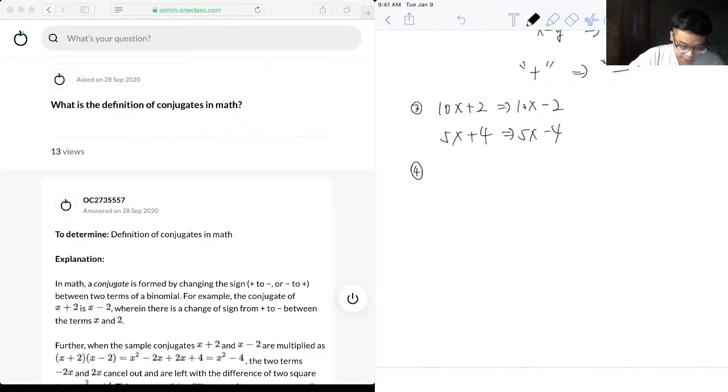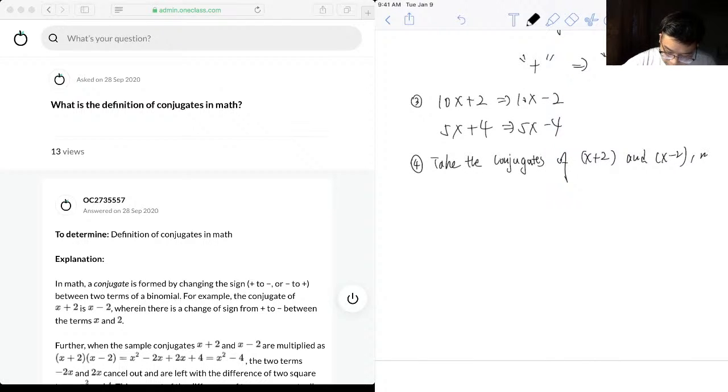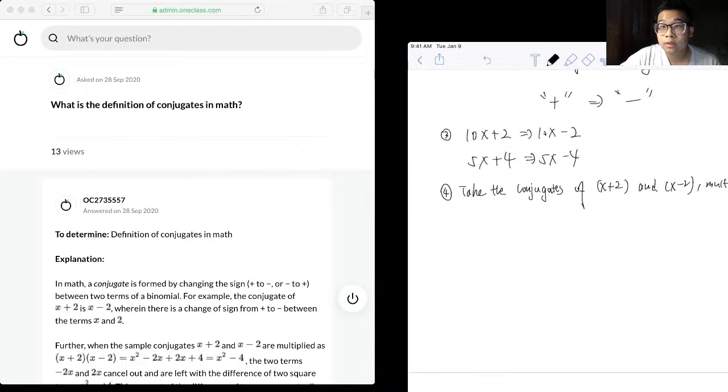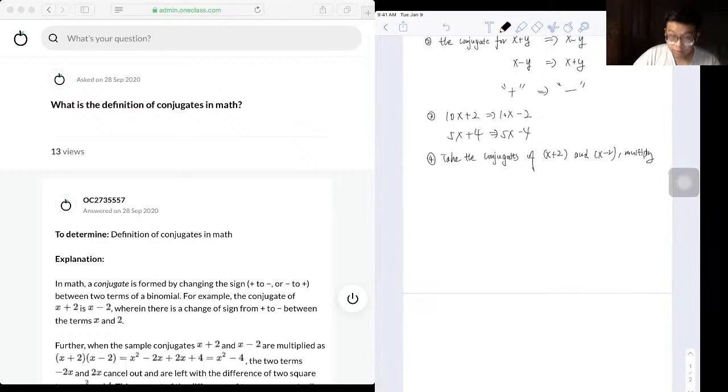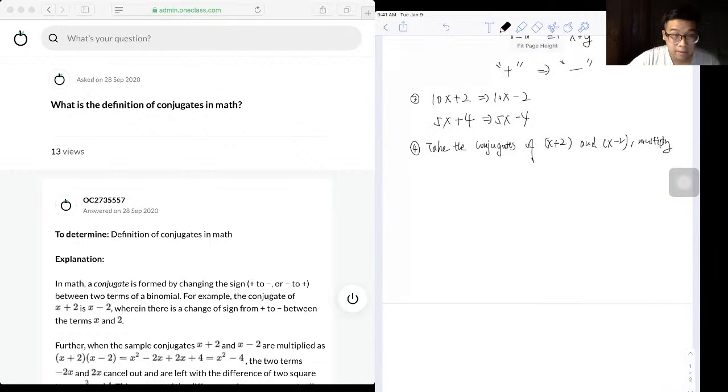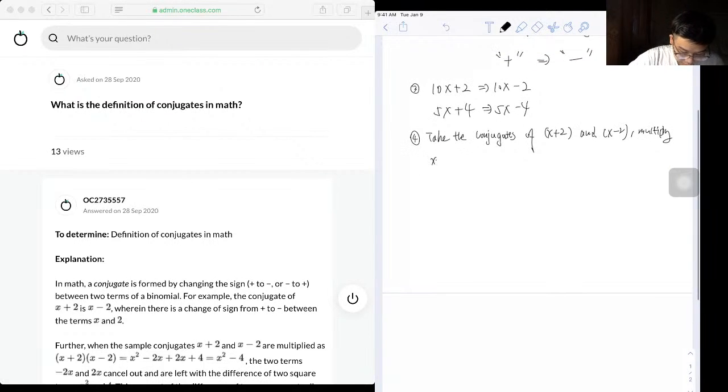So if we want to take the conjugates x plus 2 and x minus 2, and then multiply them together, what we'll have is x plus 2 times x minus 2.